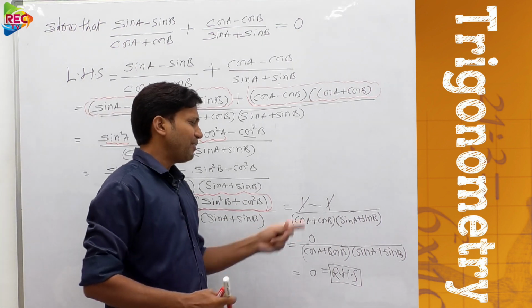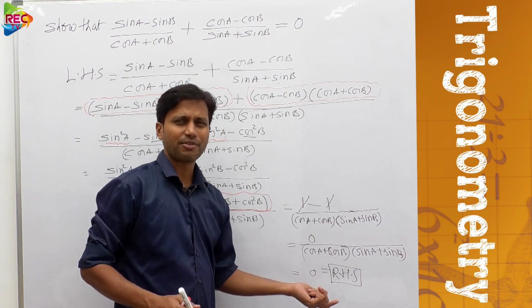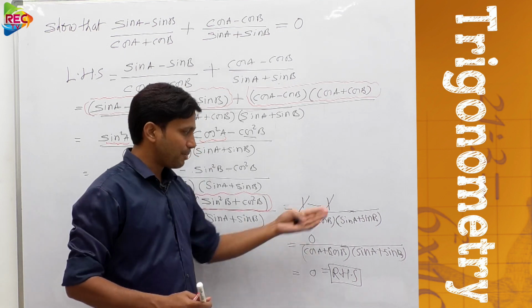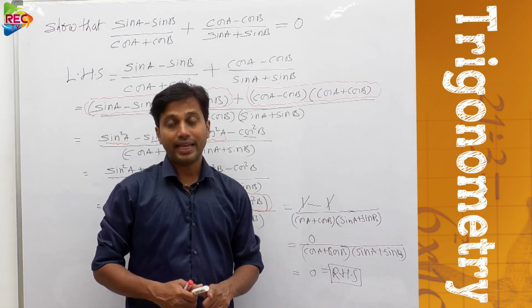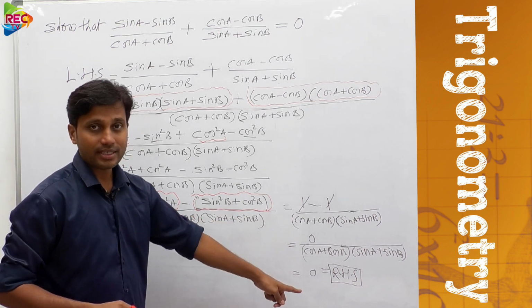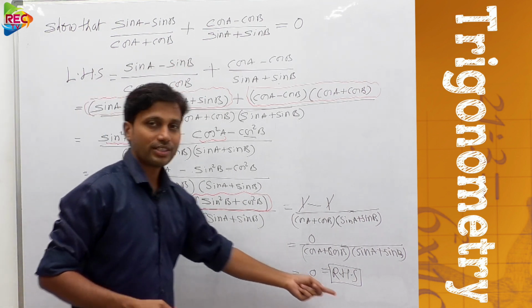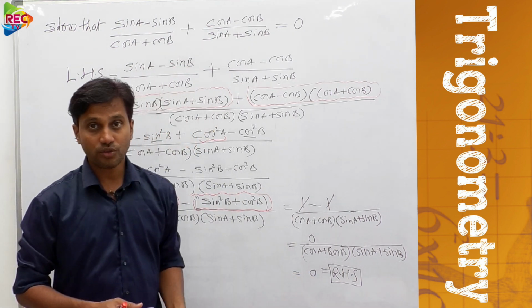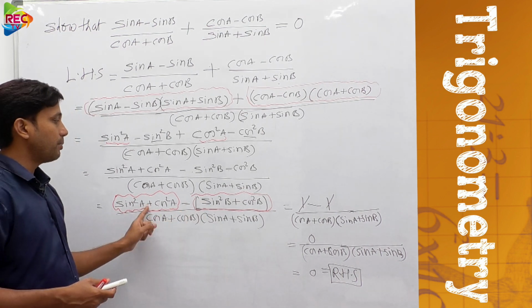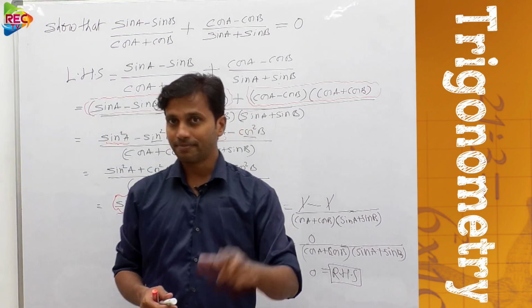Actually, when we obtain 0 in the numerator part, we don't need to write the denominator because anyway we get 0. But considering the step by step method, I wrote it. Anyhow, 0 is your answer. Just by taking LCM and simplifying, you got the answer, right? So this is also one of the problems solved based on trigonometric identities, that is sin square theta plus cos square theta equal to 1.